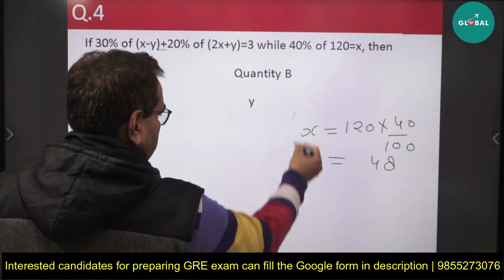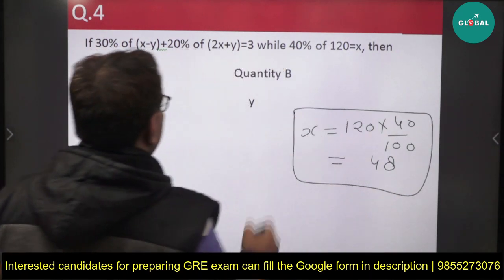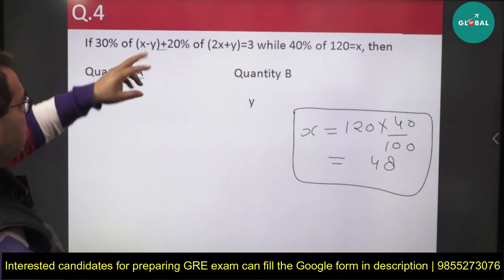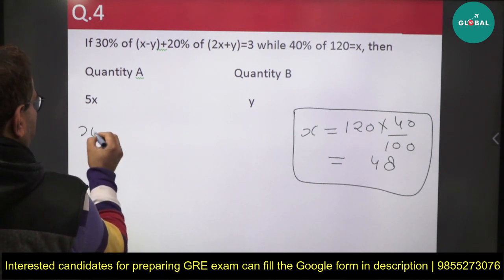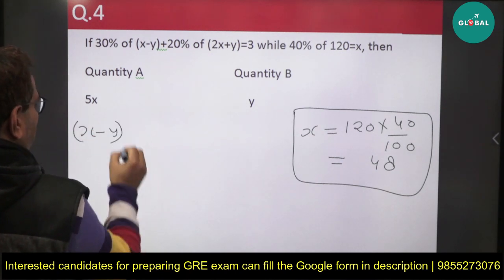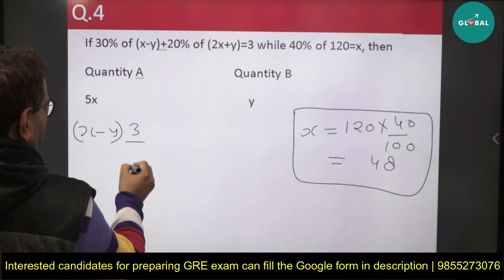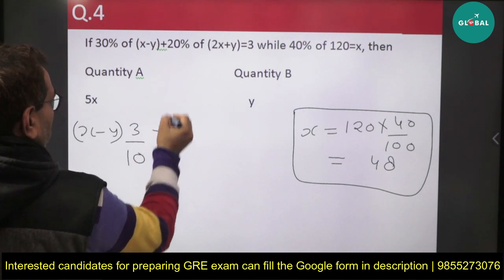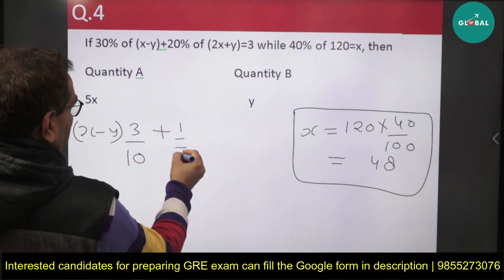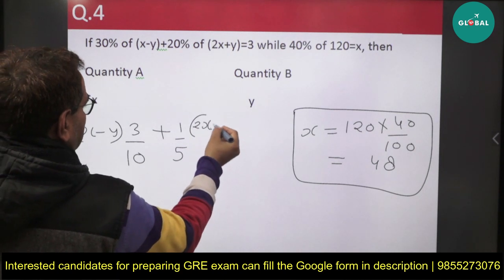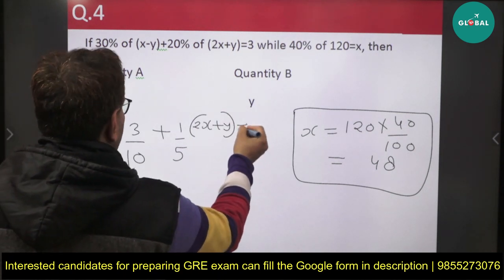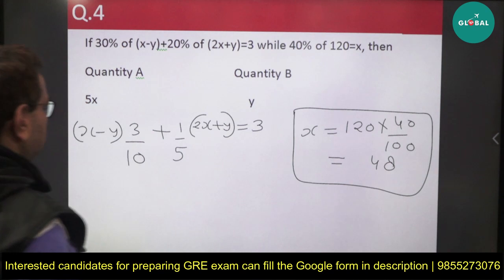Now 30% of x minus y is (x minus y) into 30 upon 100, or 3 upon 10, plus 20%, meaning 1/5, of 2x plus y, equal to 3.